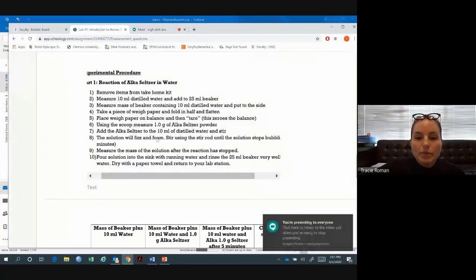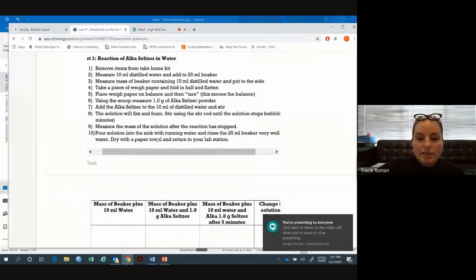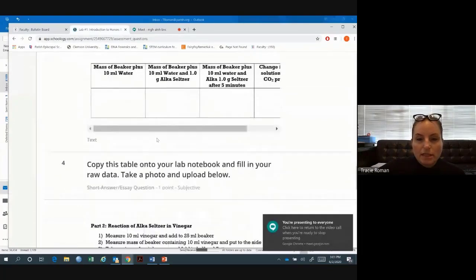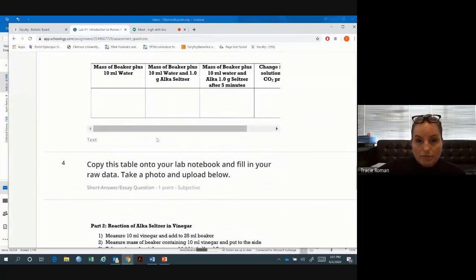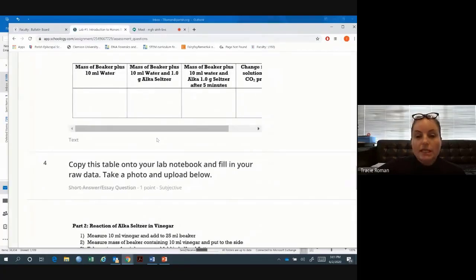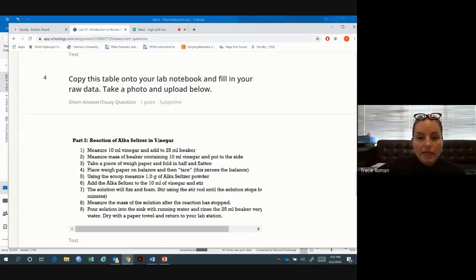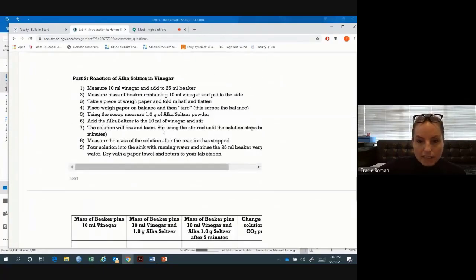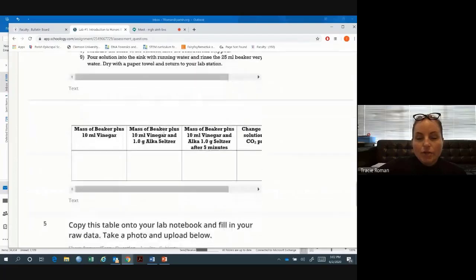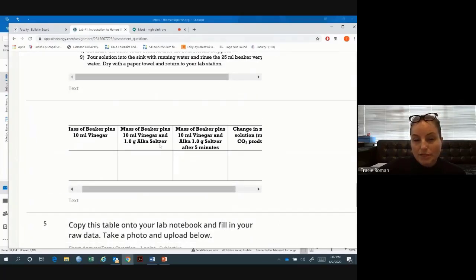And for the next 2 steps of the lab, you will repeat this process 3 times. The first one is with 10 mils of water. Then you will see the instructions again. You'll perform the experiment using 10 milliliters of vinegar.